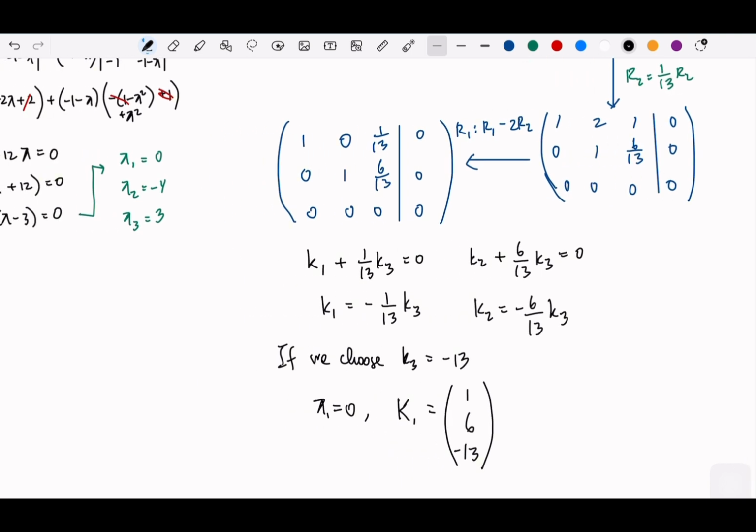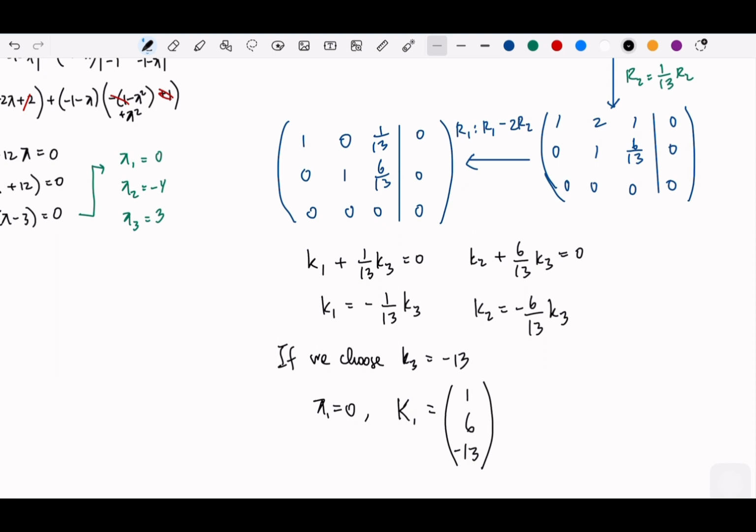So every eigenvector will have these 3 values, which depends on the size of the matrix.